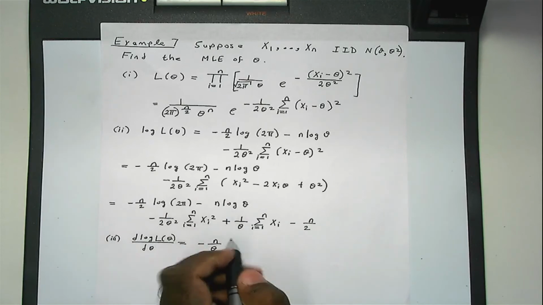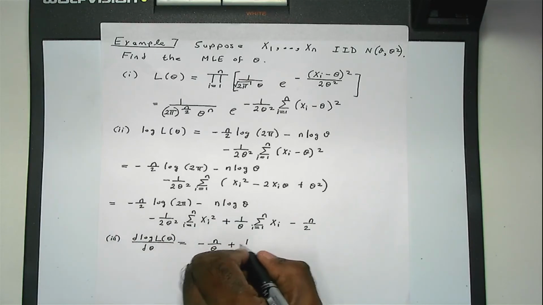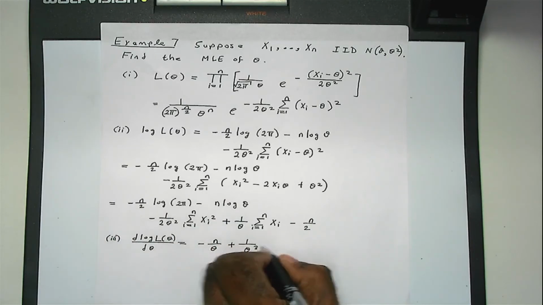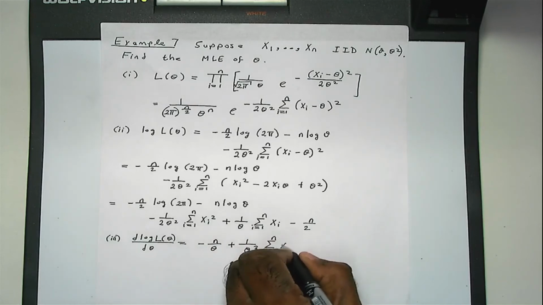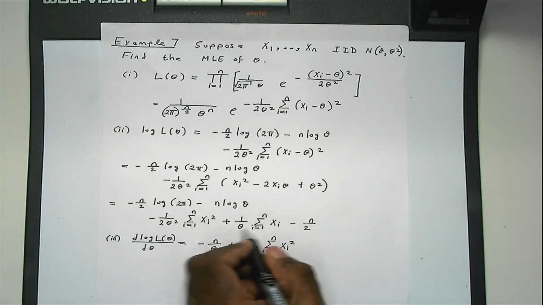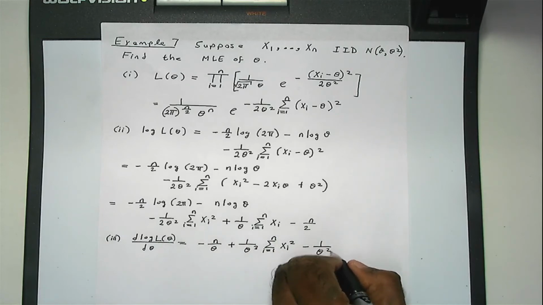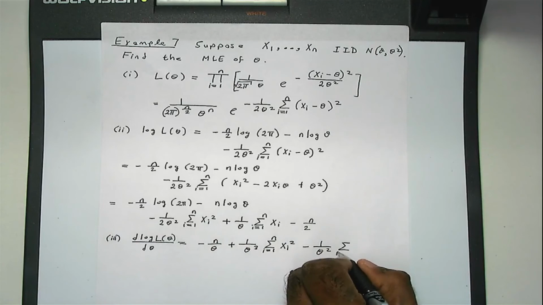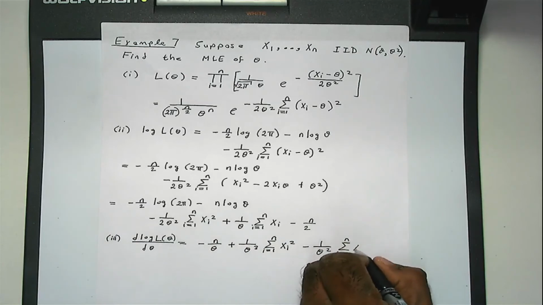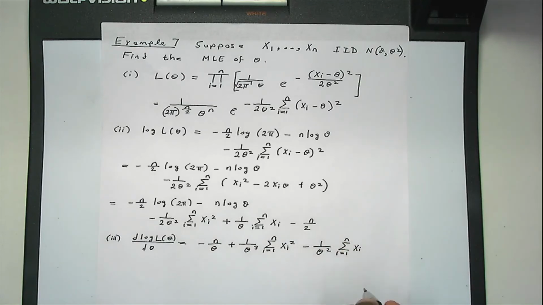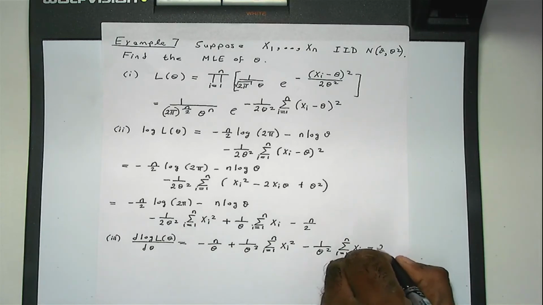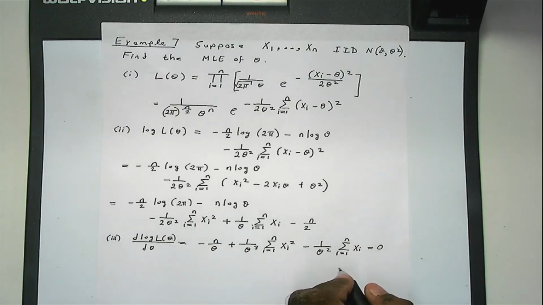The derivative of this is 1 over theta cubed, right? And the derivative of this is minus 1 over theta squared times the sum of xi. Okay, and we're going to set this to 0 and solve for theta.